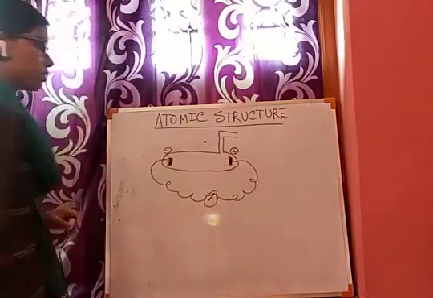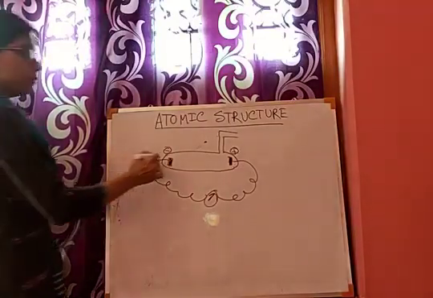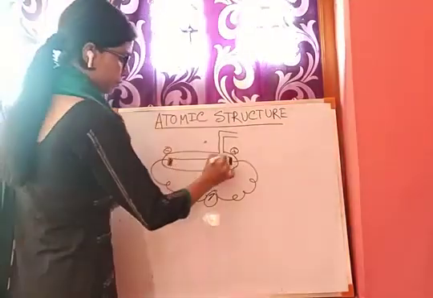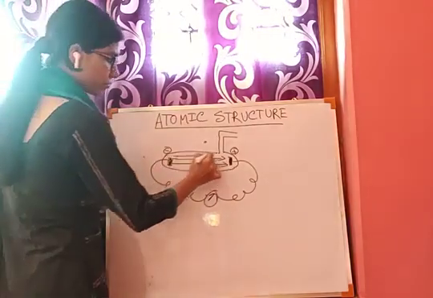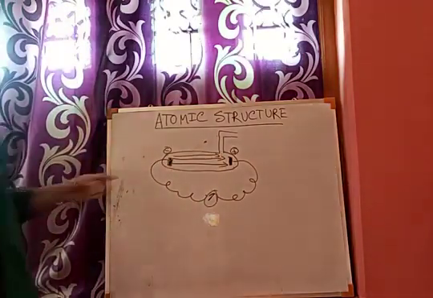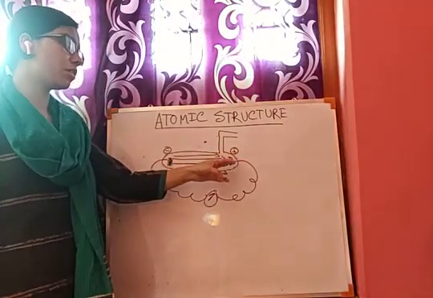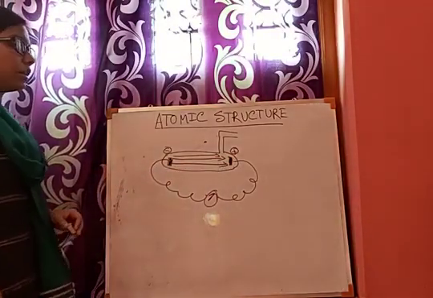Okay, this is the induction coil, and when it was done, some rays are going from negative to positive, and he was saying that as they are going to the positively charged anode plate, that means they are negatively charged. But how to prove it?